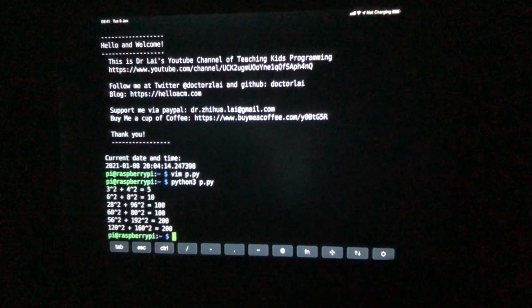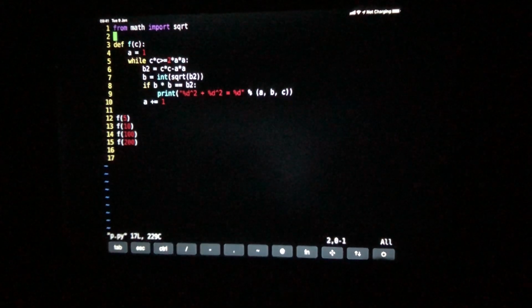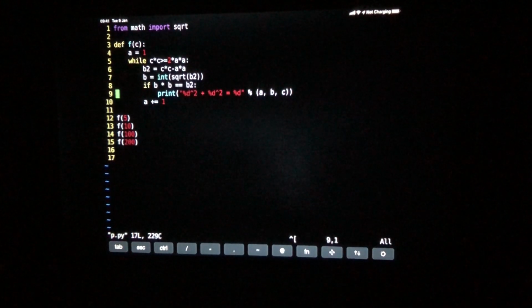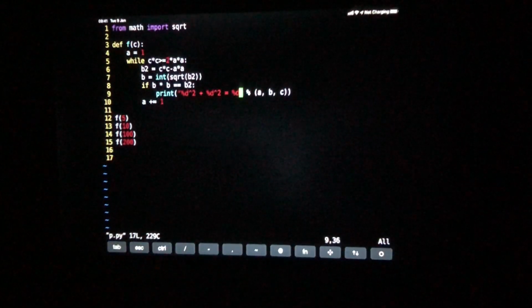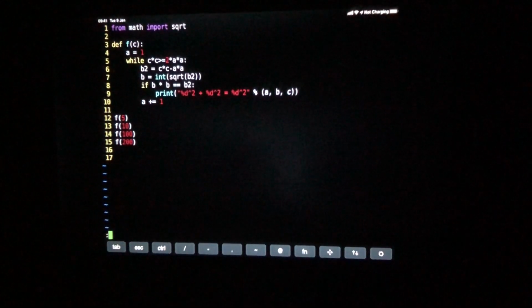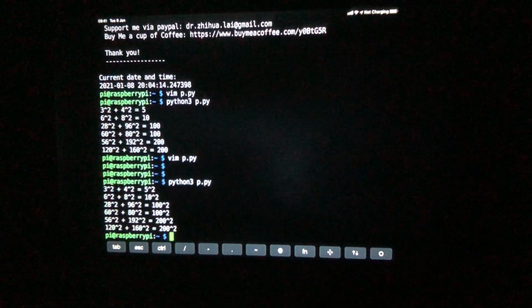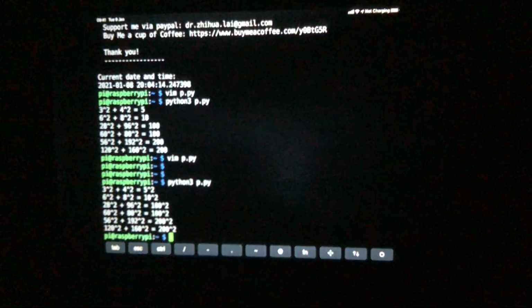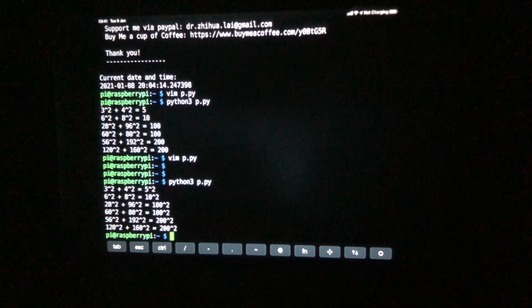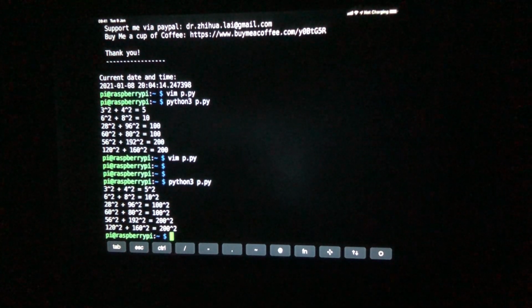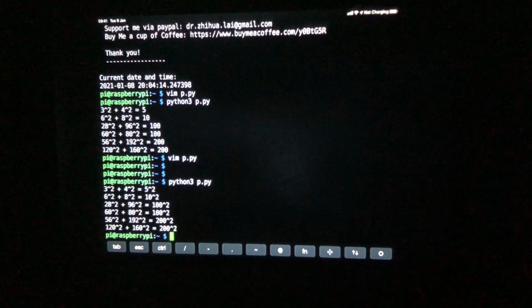Okay, I forgot the square thing. So just make it clear. Look, 3 square plus 4 square equals 5 square. 6 square plus 8 square equals 10 square. 28 square plus 96 square equals, is it true?